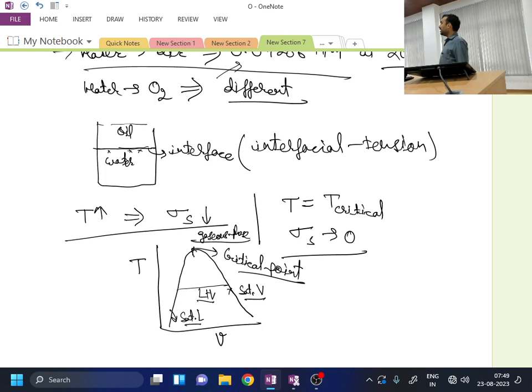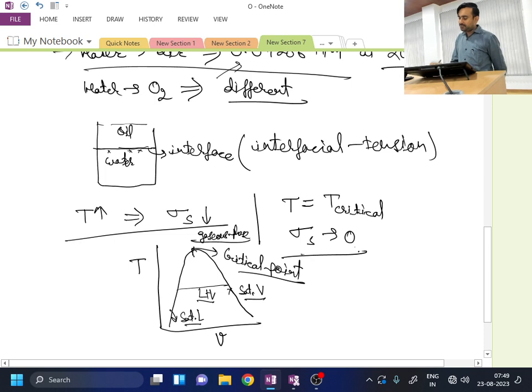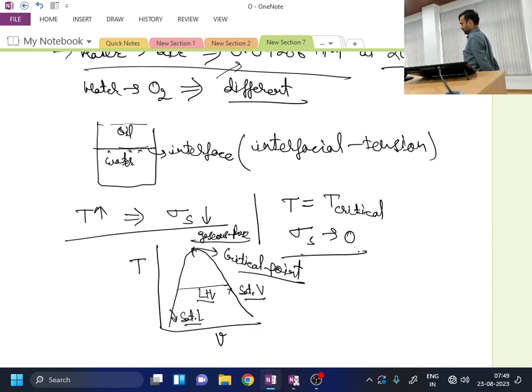If it does not create any free surface, then we will not have any value of surface tension, because surface tension only acts at the free surface. That's why at critical temperature the value of surface tension becomes 0, and if we keep on increasing the temperature, its value decreases. Is this one clear?